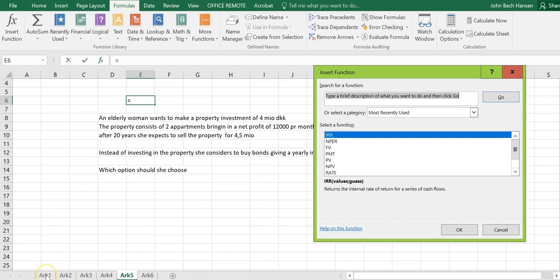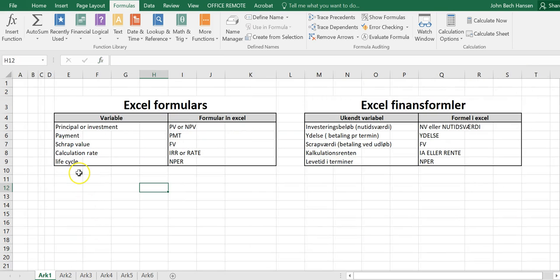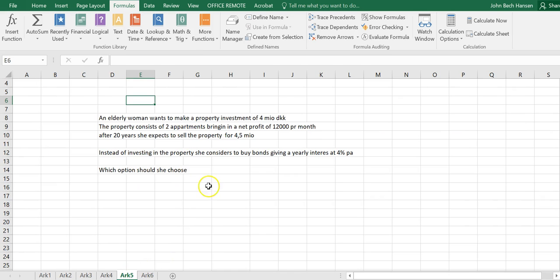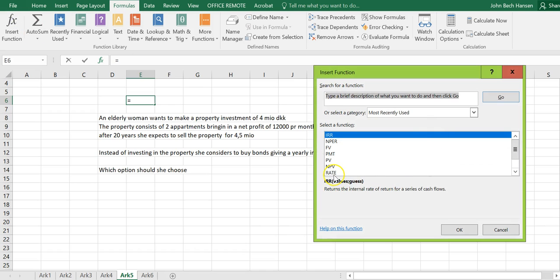You saw here that we have two possibilities: internal rate of return or the rate. We have the same thing when we use the Danish. You can just change the language setup. So we have two possibilities, and you can see the difference here.